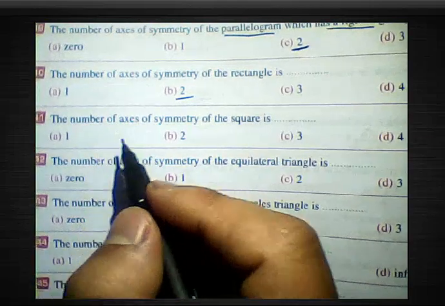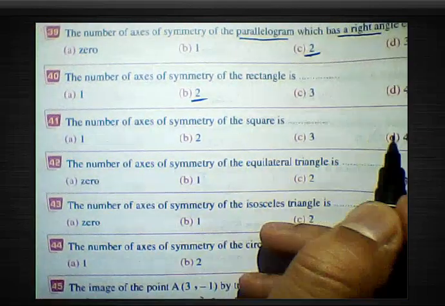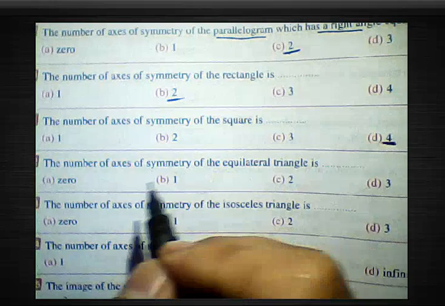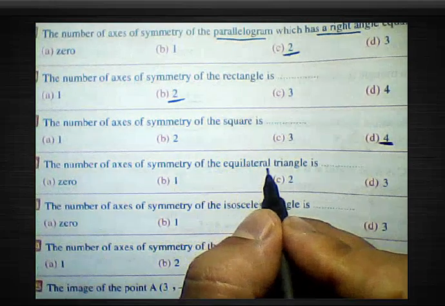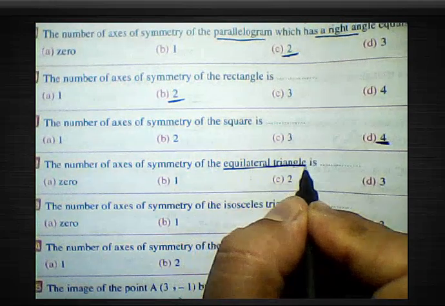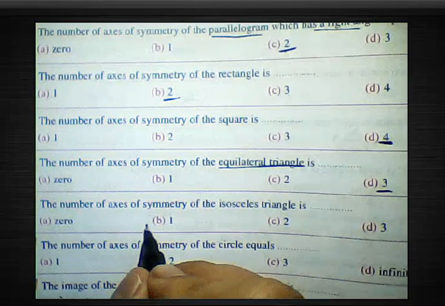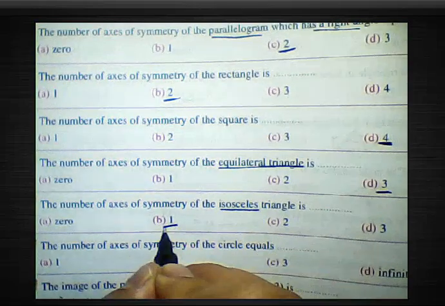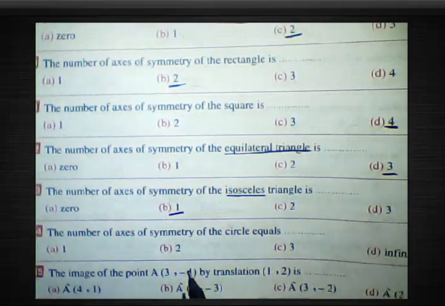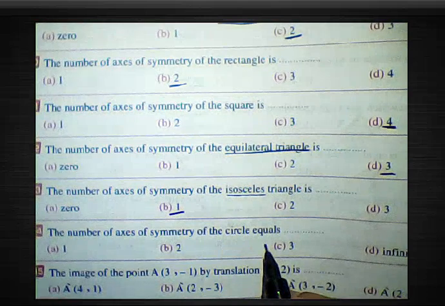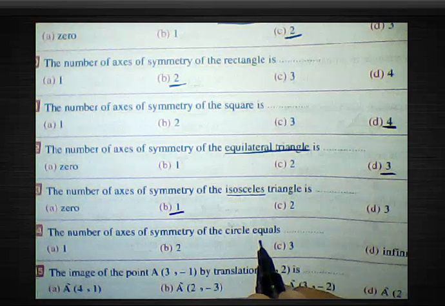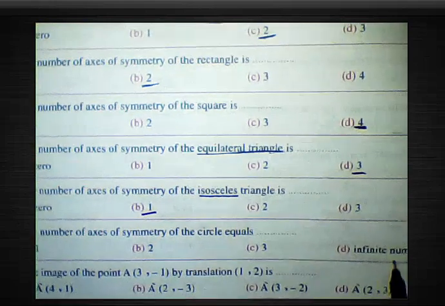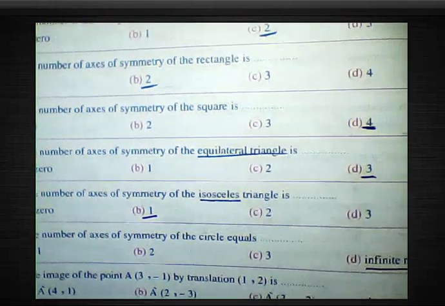The number of axes of symmetry of an equilateral triangle equals 3. The number of axes of symmetry of an isosceles triangle is 1. The number of axes of symmetry of a circle is 0 or infinity? It's an infinite number for a circle.